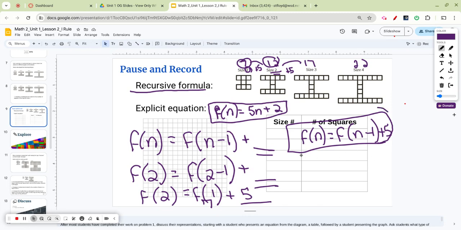But these are really, really handy also. And something to be aware of is, just like we found that 5 was our slope on this one, this right here is our slope on a recursive function. Kind of cool. You guys, we're going to talk about these a ton until we all get really good at it.